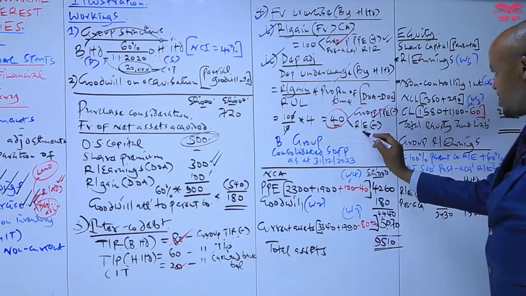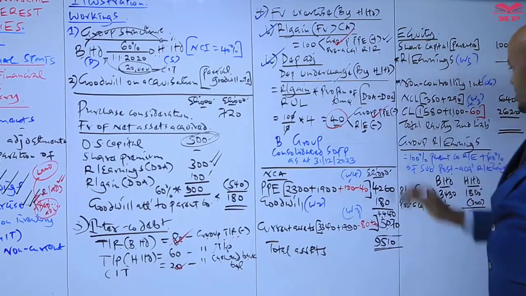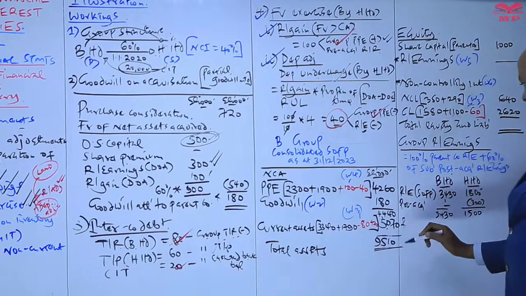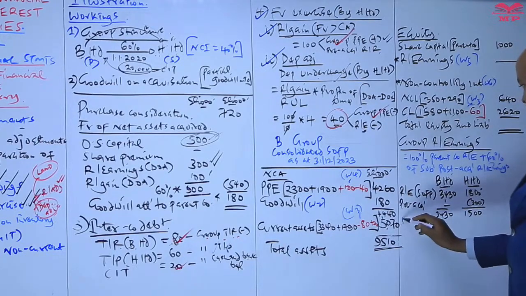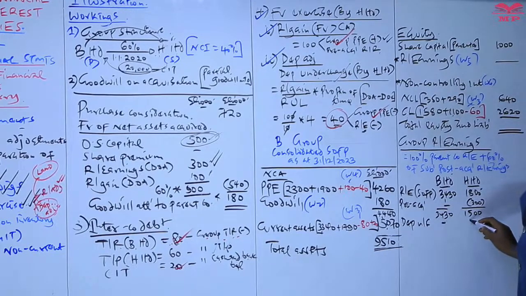See what we said here, we less that from the retained earnings of this company. So we are going to less the depreciation undercharge by the subsidiary of 40.